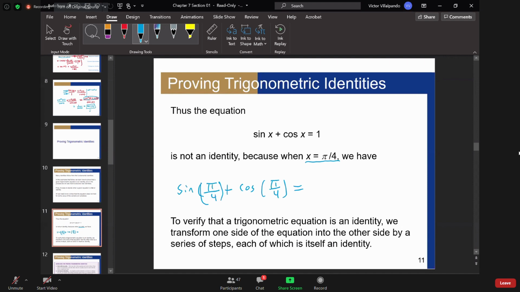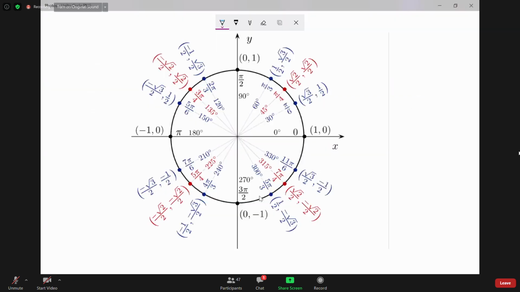So for sine and cosine, you should get square root 2 over 2 plus square root 2 over 2. You can plug that in your calculator if you like, or I can pull up the unit circle. Pi over 4 is 45 degrees, and the terminal point is square root 2 over 2 for both x and y.